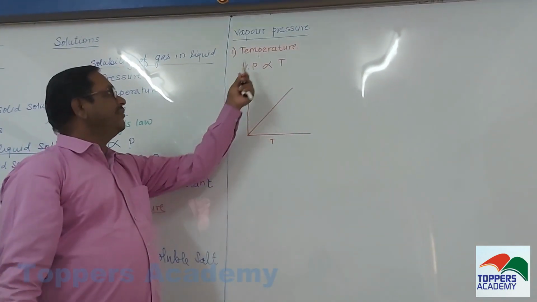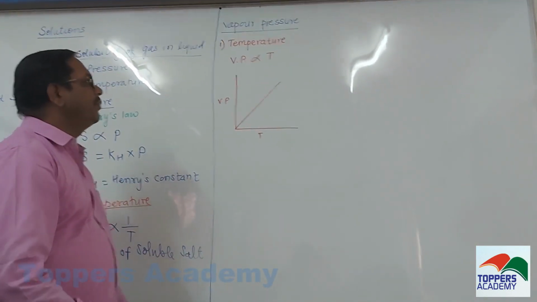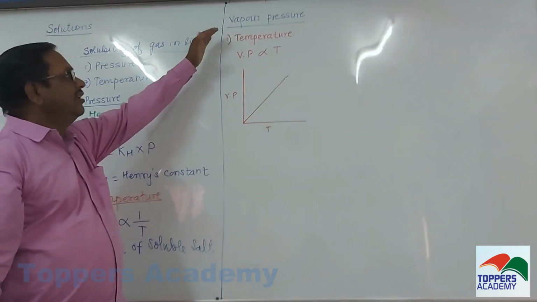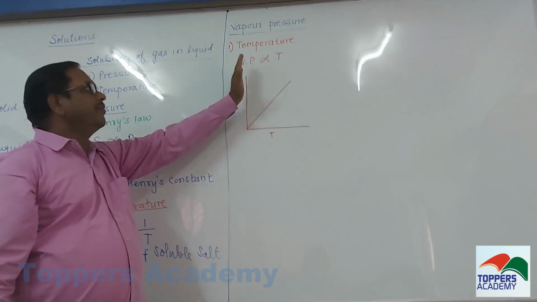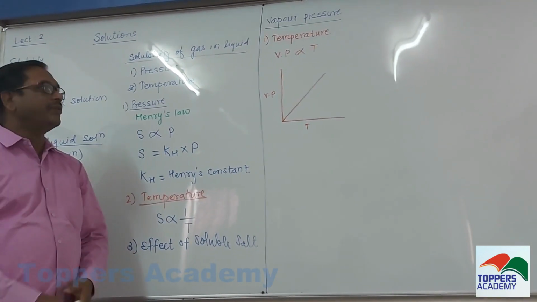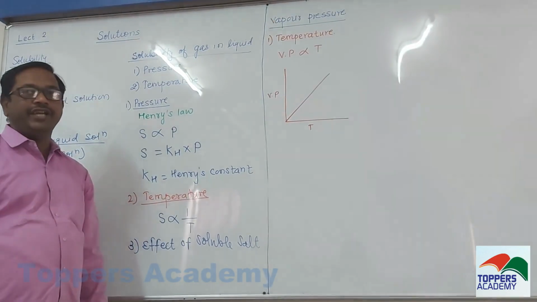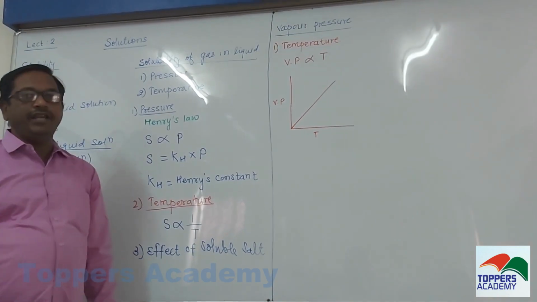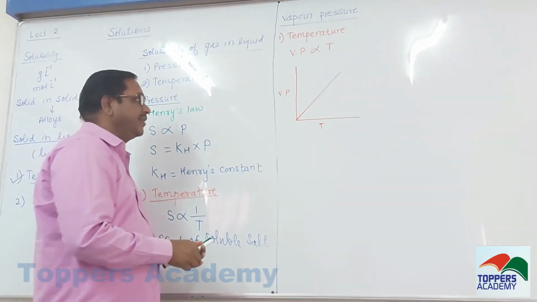Another point is the factors affecting the vapor pressure of liquid. Temperature affects the vapor pressure. Vapor pressure of liquid is directly proportional to the temperature. When temperature increases, vapor pressure of liquid also increases here.